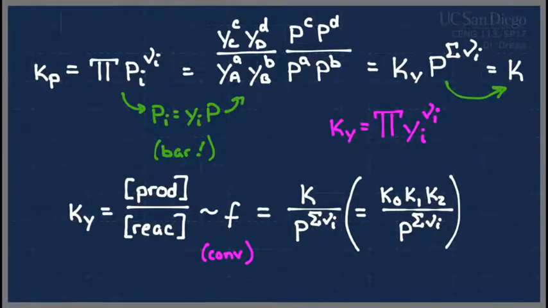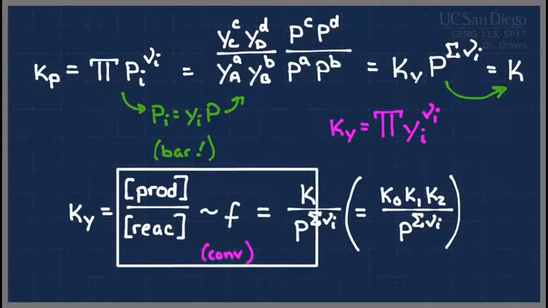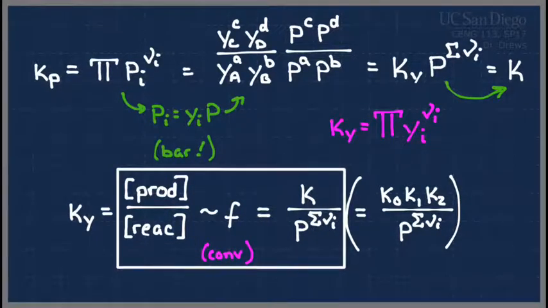This is usually the part that we're interested in, this part here in the center. Right, that's the relationship that's of interest to us most of the time, which is if I change pressure, what happens to the relative concentration of products versus reactants? Or in shorthand, if I change pressure, what happens to conversion? Right, does it go up or does it go down? It depends, based on the sum of the stoichiometric coefficients there.